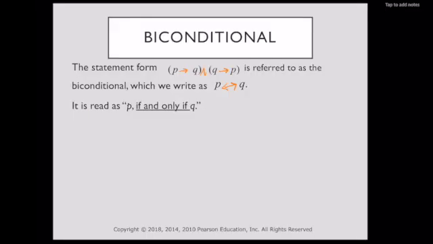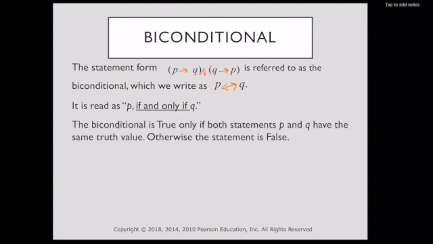The statement form P implies Q and Q implies P is referred to as the biconditional, which we write as P double-ended arrow Q. And it's read P if and only if Q. Okay? So the biconditional is true only if both statements P and Q have the same truth value. So they both need to be true or they both need to be false. Otherwise, our statement is false.